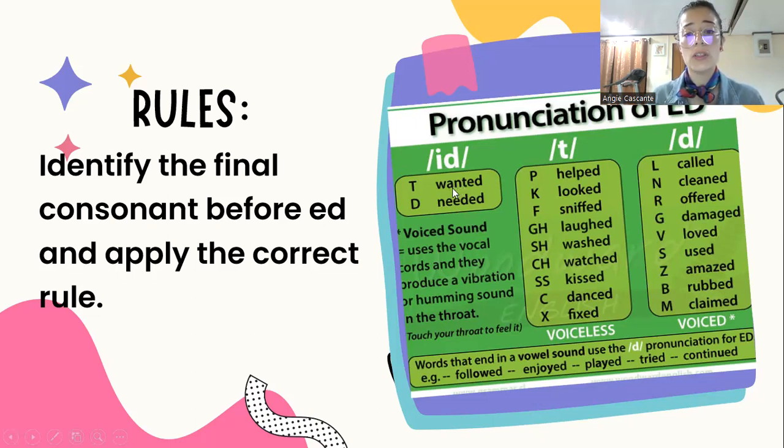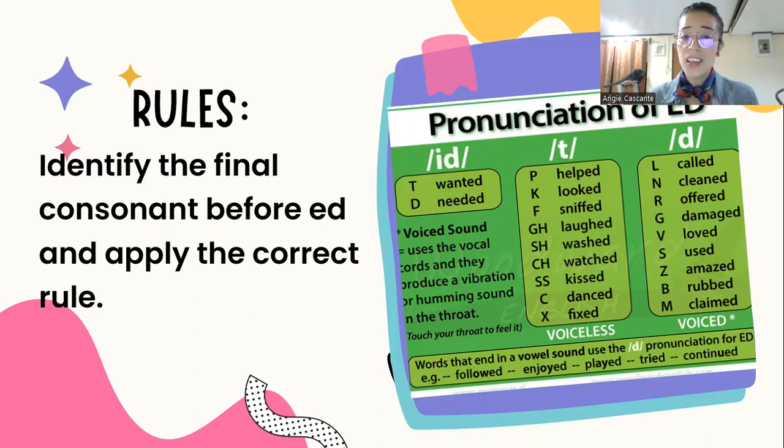We have the words want and need. Want, before the ed, we have the final consonant T. So want in simple past is going to be pronounced as wanted. And need, which ends in D, we're going to pronounce it as needed.